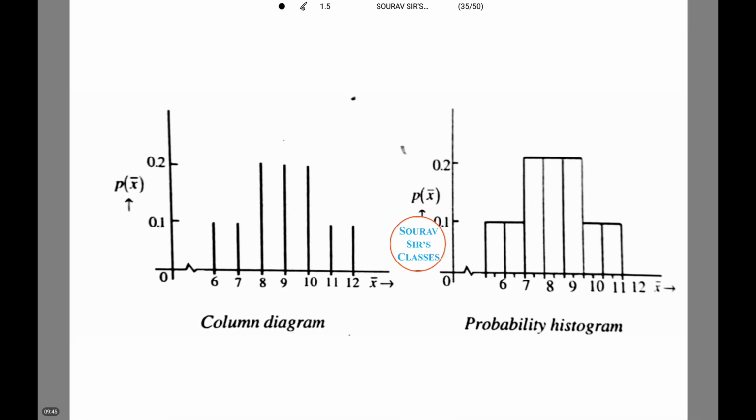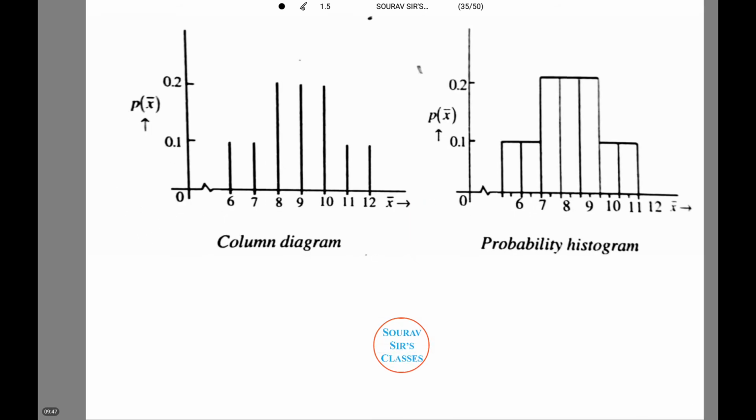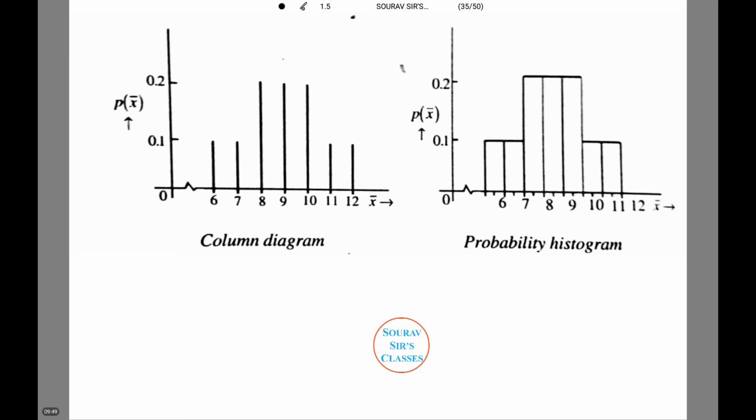Just to show you how it will look when I plot it on a graph, these are the values that have been put with distinct values with respect to each of the values of x bar.